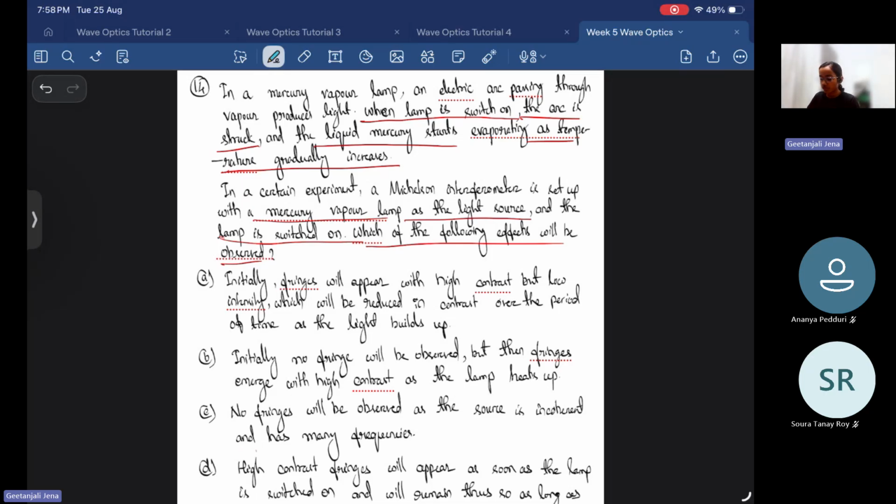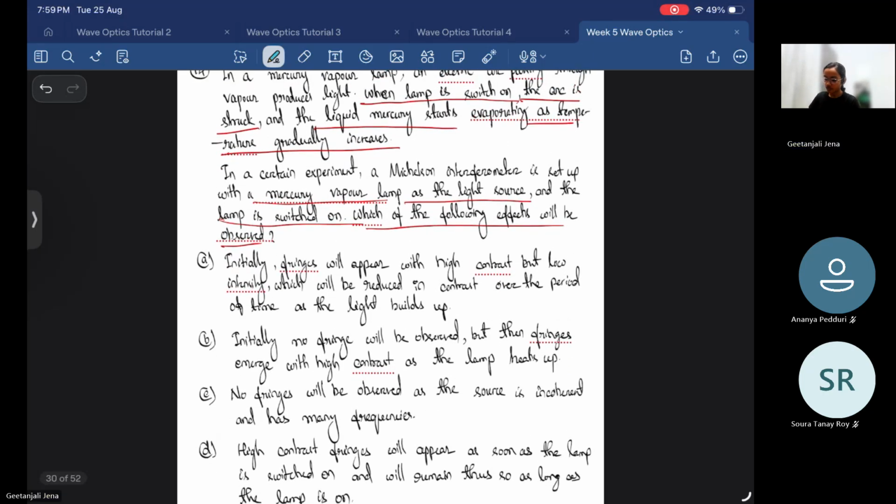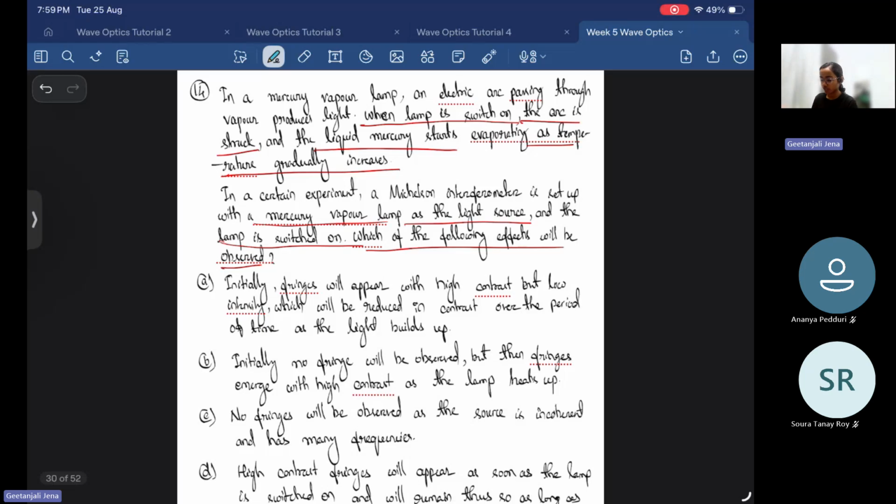Option C: no fringes will be observed as the source is incoherent and has many frequencies. Option D: high contrast fringes will appear as soon as the lamp is switched on and will remain so as long as the lamp is on. So you are using a mercury vapor lamp, and what is the initial observation that you will see?